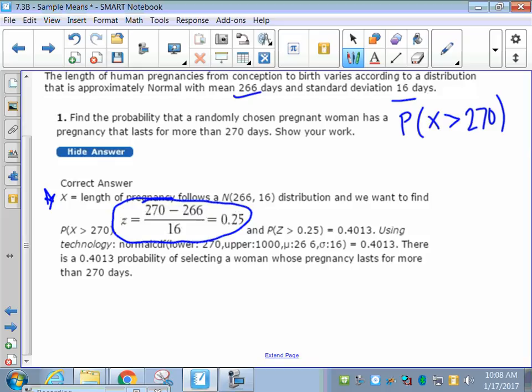So 270 is where we're looking. 266 is the mean divided by 16. You got to be able to recognize it at least. All right. But technology, you're going 270 to 1,000. Your mean's 266, standard deviation of 16. So there's about a 40% chance of selecting a woman whose pregnancy lasts for more than 270 days.